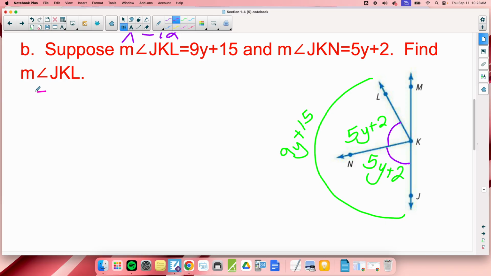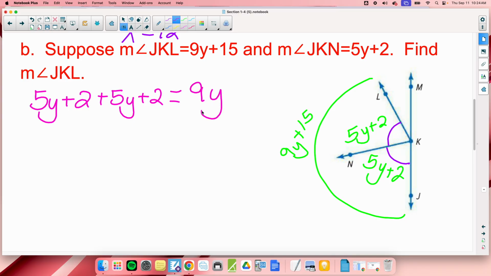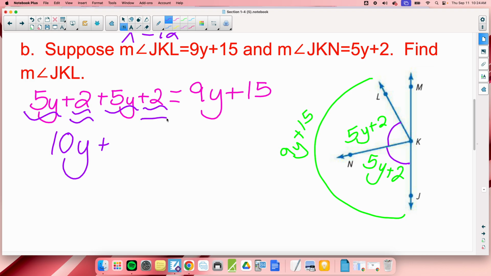Some of you could simplify this in your head too. I'm just writing it out for my notes. I'm going to go 5y plus 2 plus 5y plus 2 equals the whole thing, which is 9y plus 15, okay? Now, 5y plus 5y is 10y. 2 plus 2 is 4. And that equals 9y plus 15, okay?